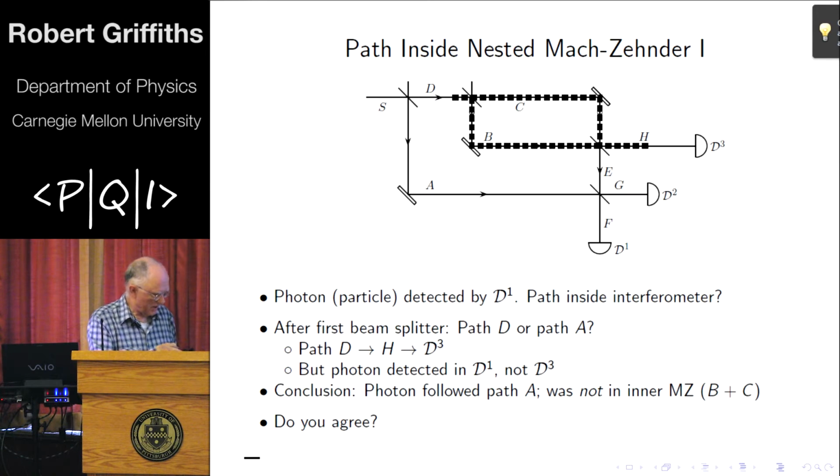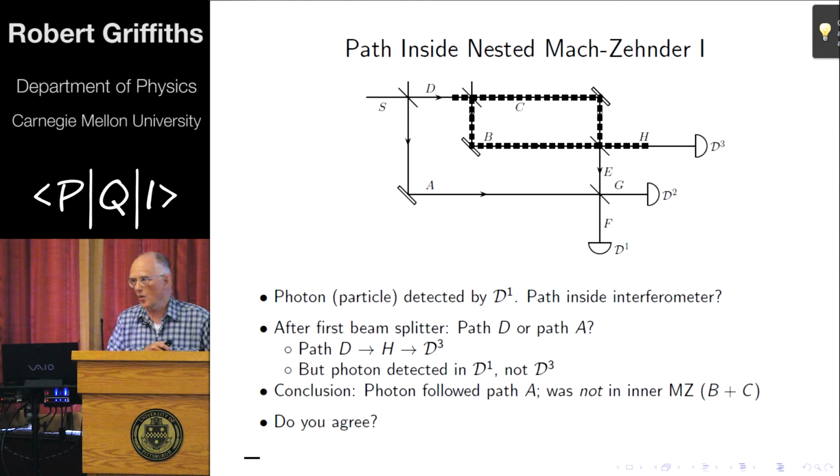Okay, I think I move on to the next transparency here. So the question before the house is, we have this nested Mach-Zehnder. A photon will enter here in S. It will then be detected by D1, the detector down here. And what path did it follow going through the nested Mach-Zehnder?